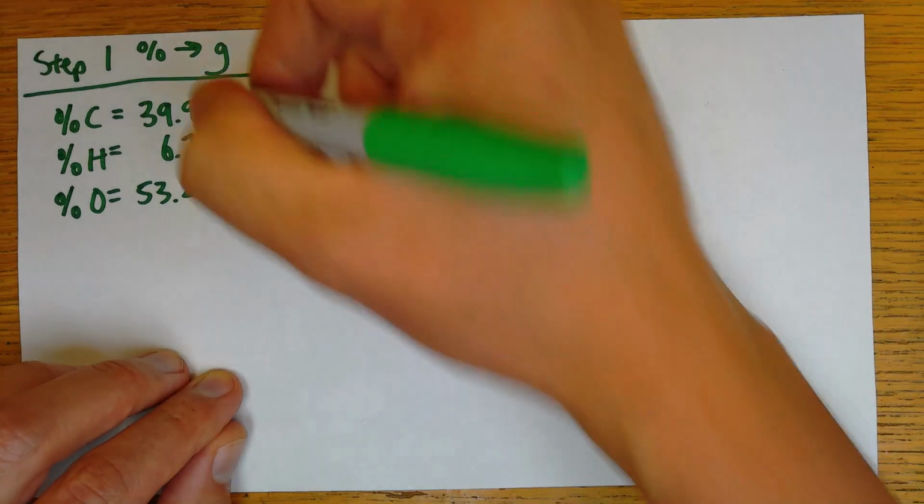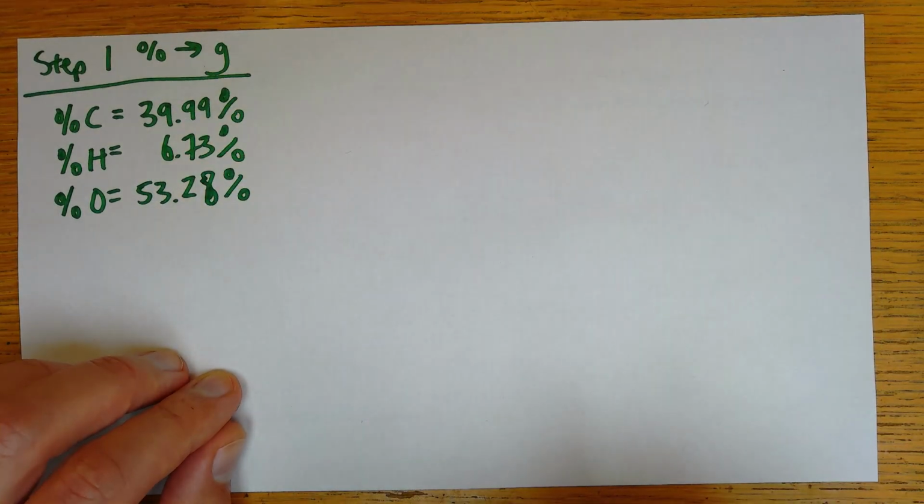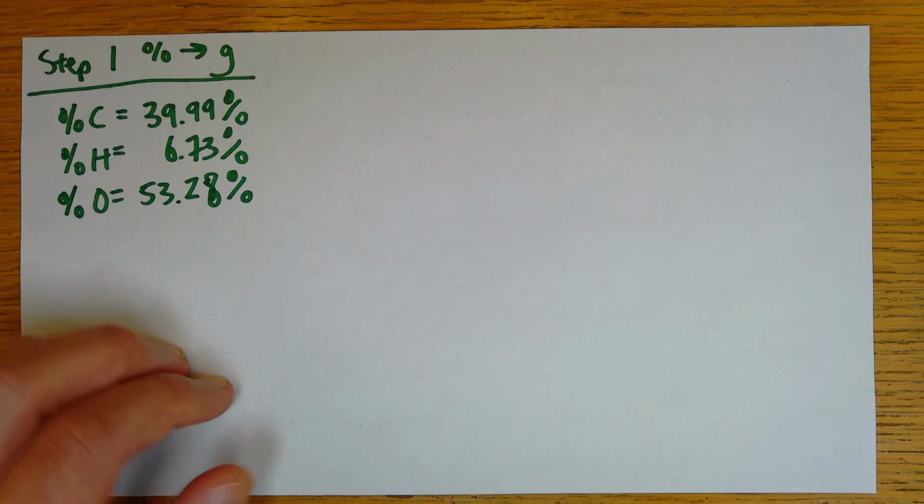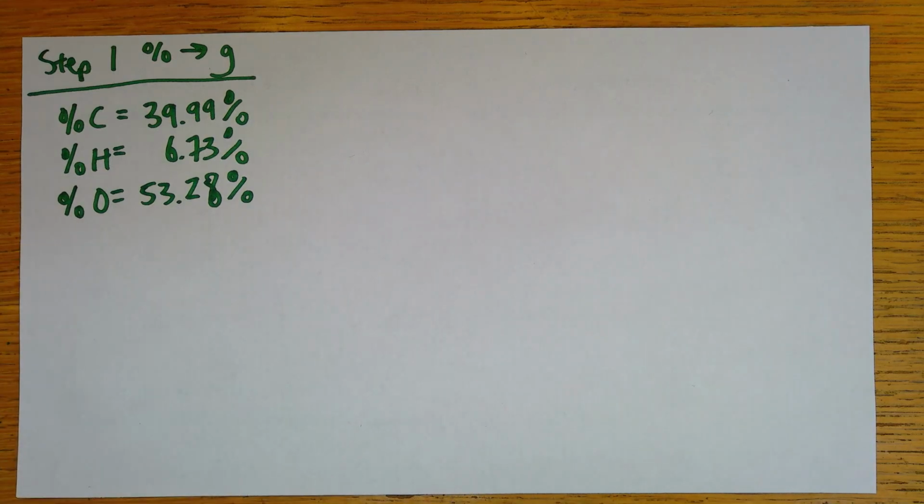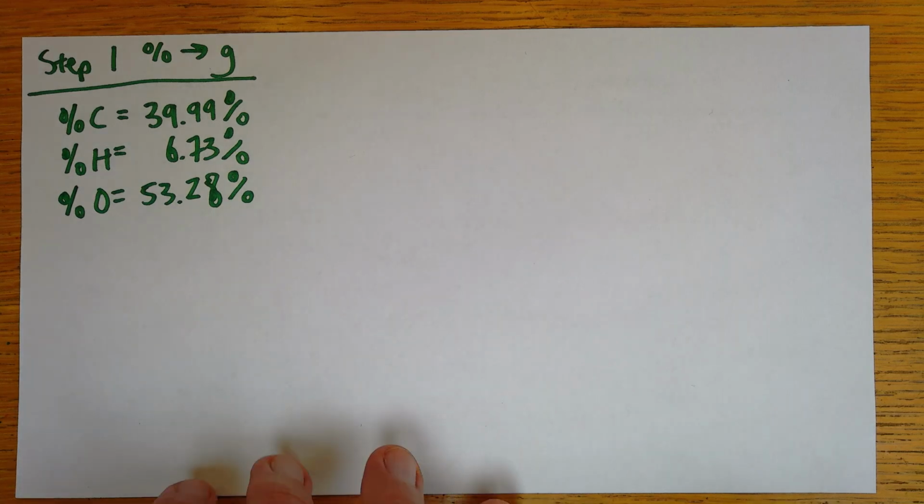All right, so we got our percents. Now we're going to do the step of converting our percents to grams. In the mass percent data, they don't usually tell us how much actual material they use to do the experiment. And actually, that's not very important. In fact, I think it's easier to just assume that you had 100 grams of material.